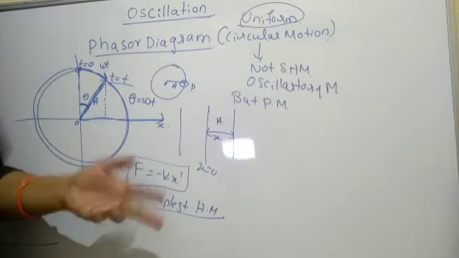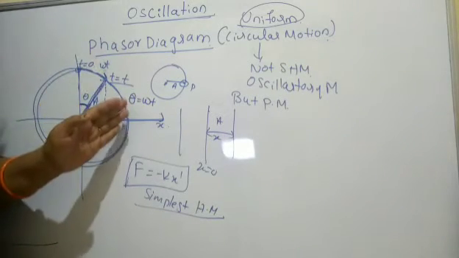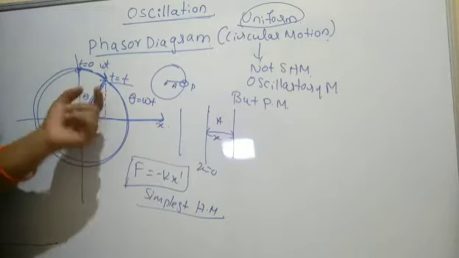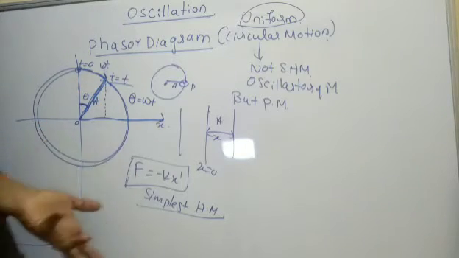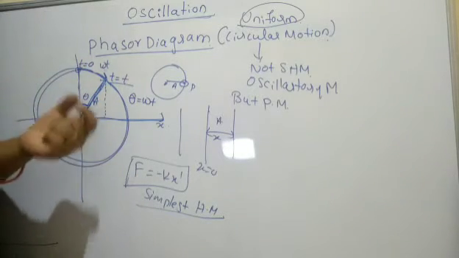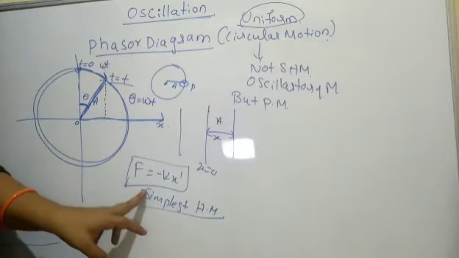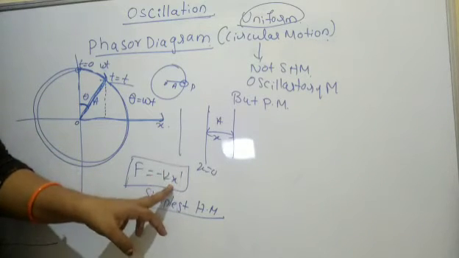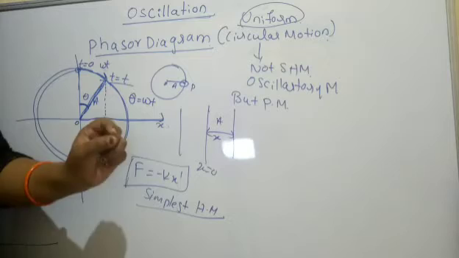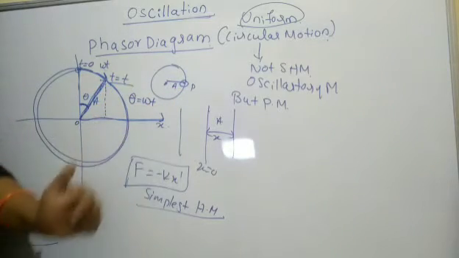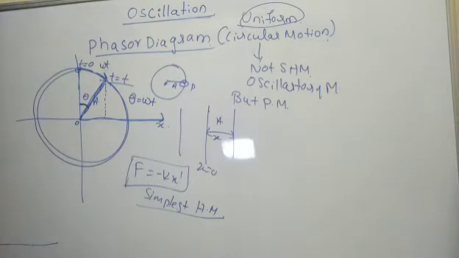Then how can we say that a body executing uniform motion, and its projection, behaves like a simple harmonic motion? If it satisfies f is equal to minus kx raised to 1, then its projection behaves like a simple harmonic motion.